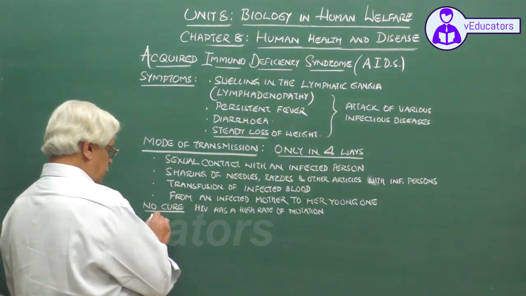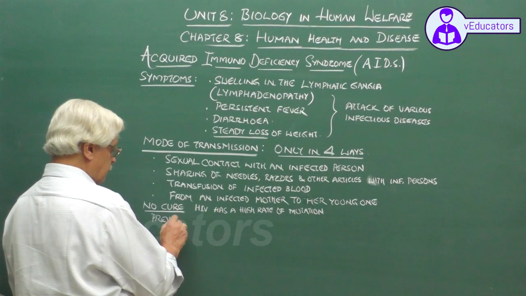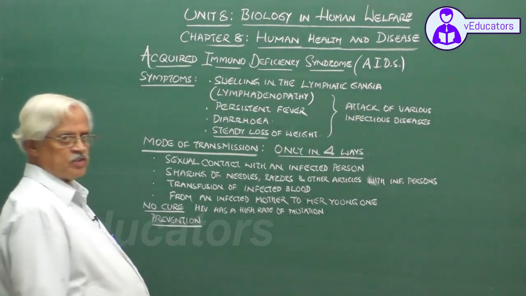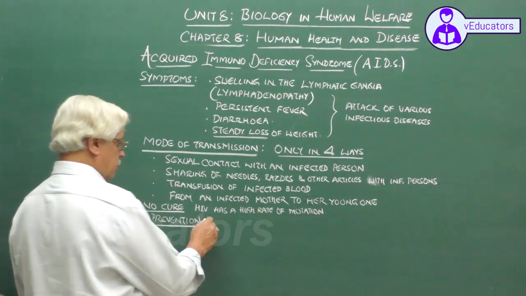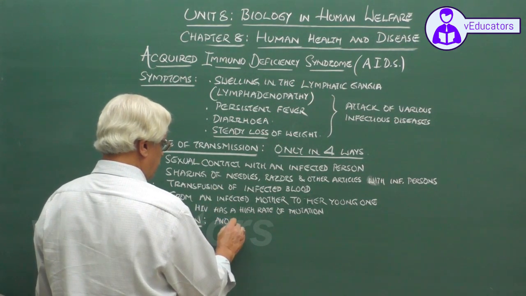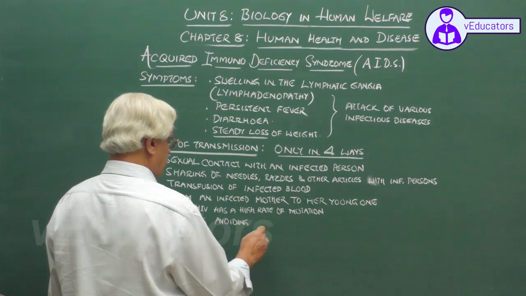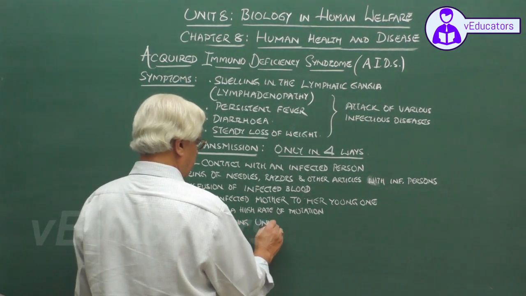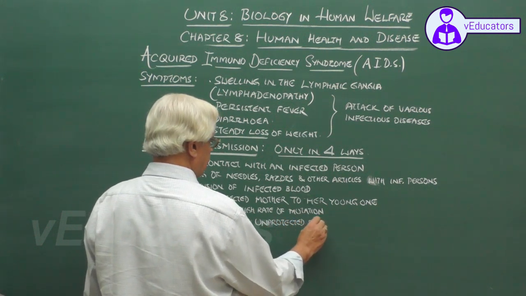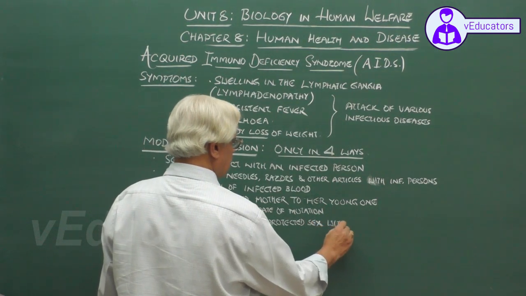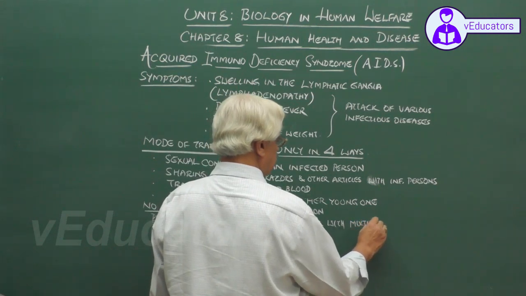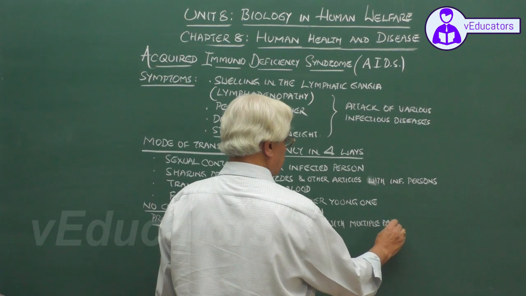So, the only possibility is prevention. And most important in prevention is avoiding unprotected sex with multiple partners.